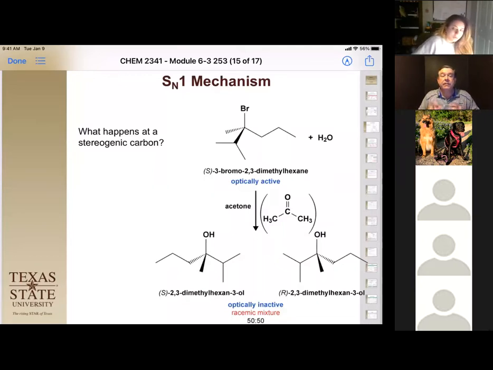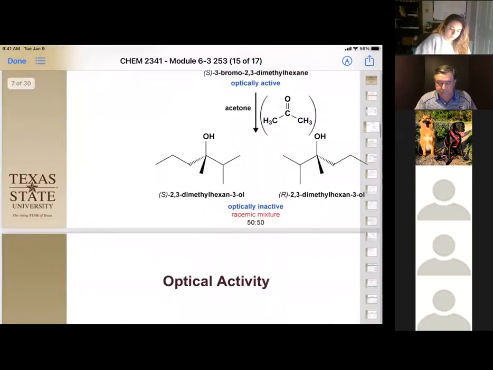And you can even see if they're competing, because if you have a pure Sn2 reaction, you're going to have 100% optical activity. If you're pure Sn1, you're going to have 0 optical activity. And if you have a mixture of the two, you're going to have less than 100% optical activity. So you can look for competing mechanisms within the same reaction mixture just by looking at the stereochemistry.